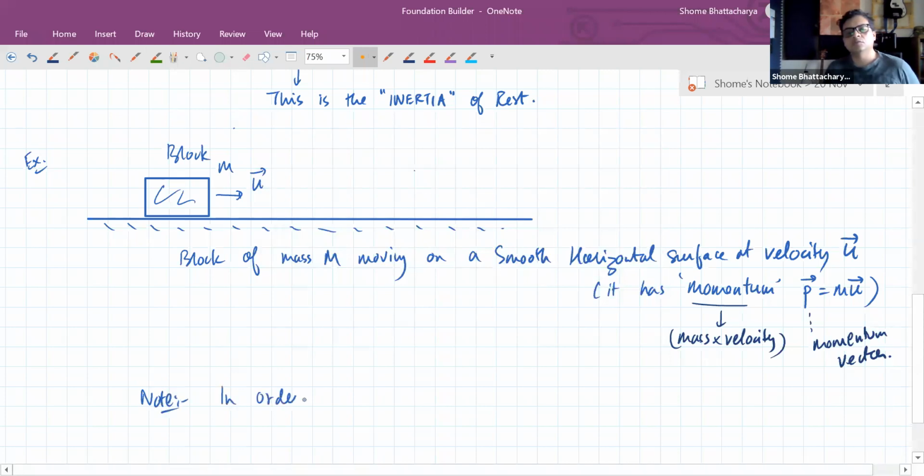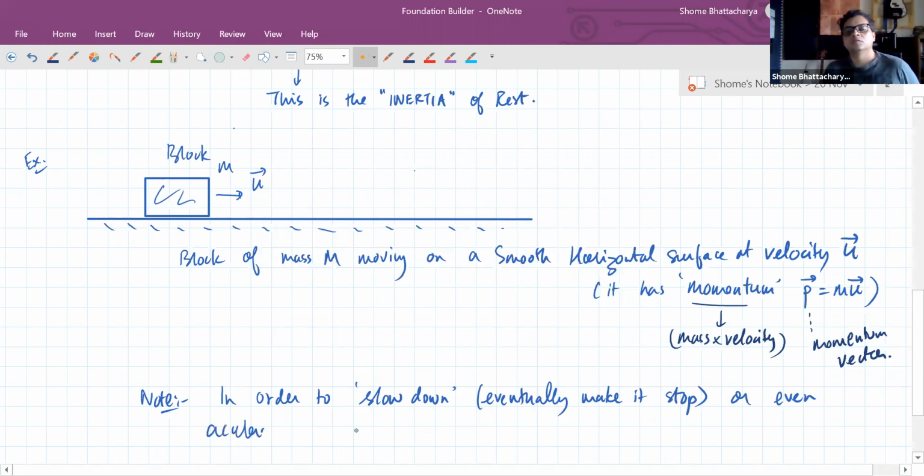In order to slow down the body, eventually make it stop, or even accelerate the body, that is, make it speed up, an external force must be applied.